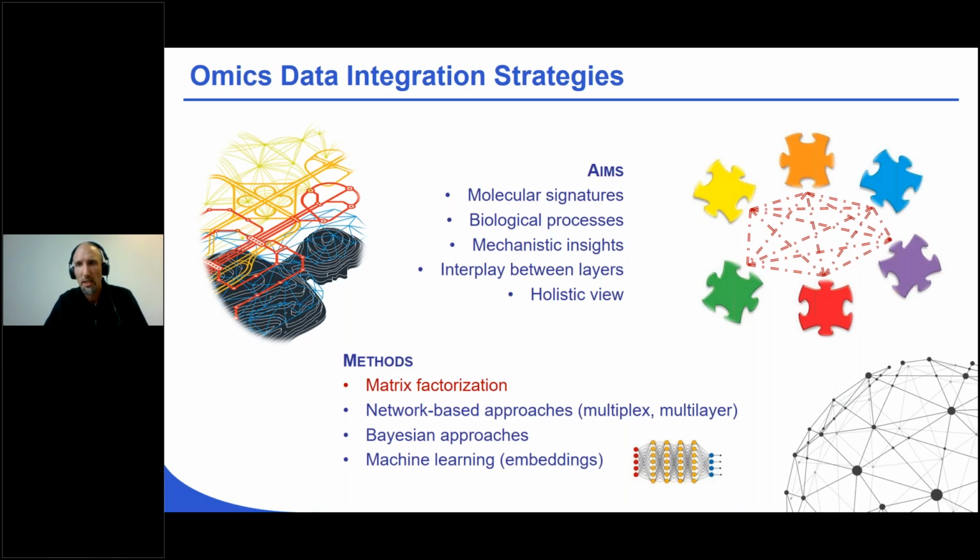I also would like to mention that I will talk today about extensions of multivariate models that are not that different from PCA and models like that. But I will also mention that there are other ways to integrate data sets. Today, we see an increasing number of approaches that are based on networks that try to gather information from different layers. Bayesian approaches are also increasingly used to do that.